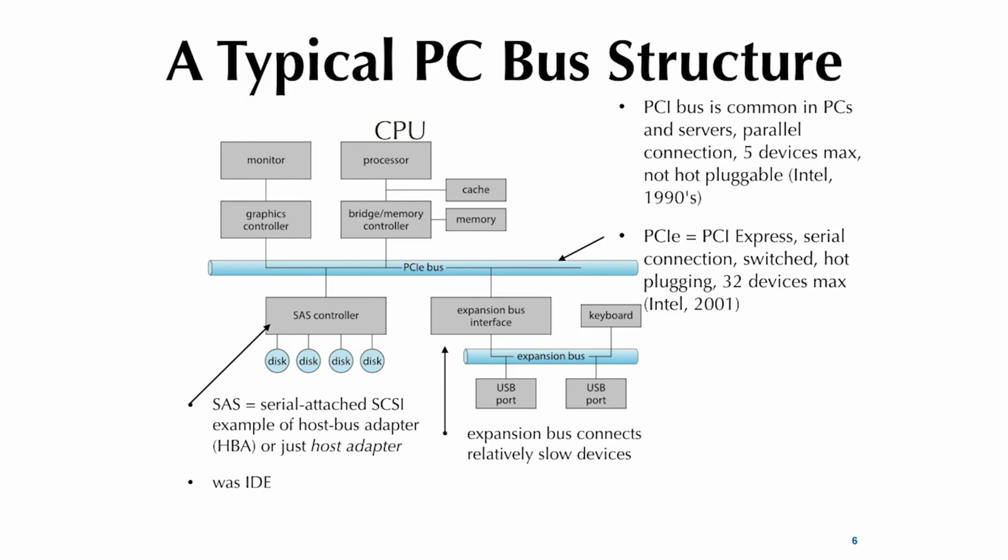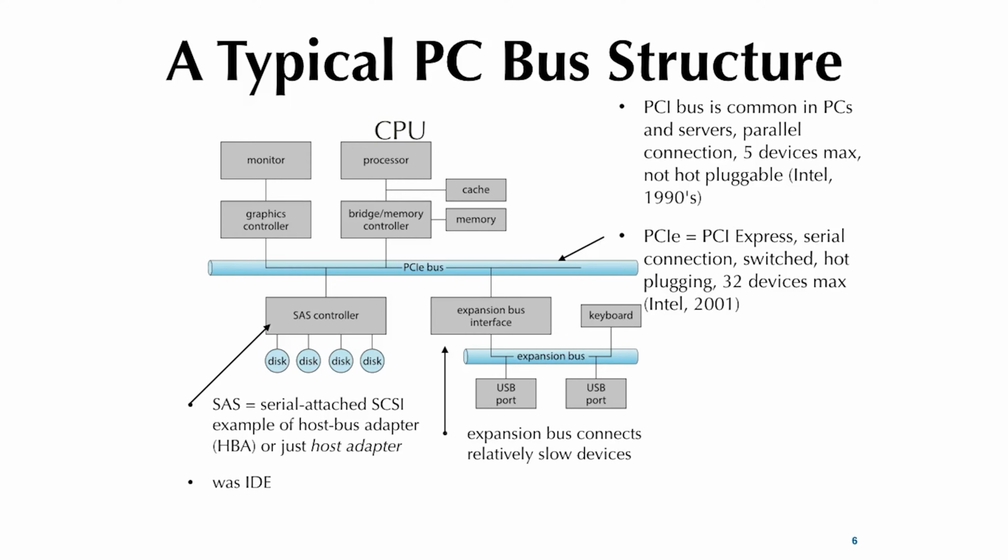PCI Express uses a serial connection, so it's switched as opposed to a shared bus. By switching, I mean, you've probably seen at home you have an access point that has Ethernet. That's an Ethernet switch in there. Switching allows you to establish a dedicated connection for the duration of that transaction. It can be fast, they know how to clock much faster, and there's less issue with clock skew.